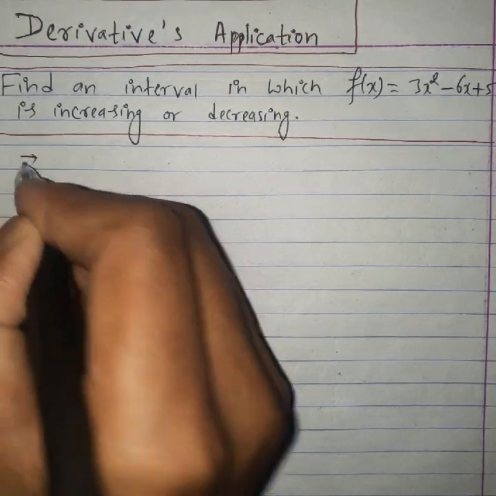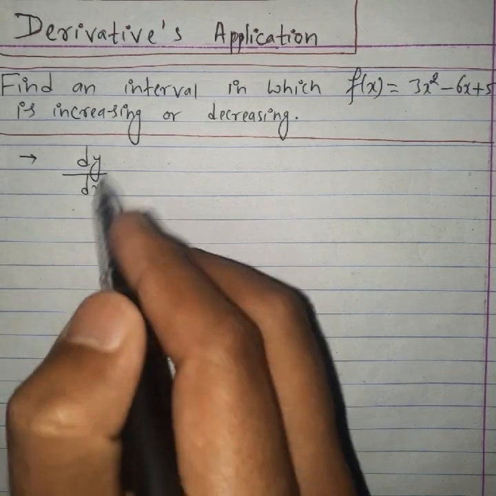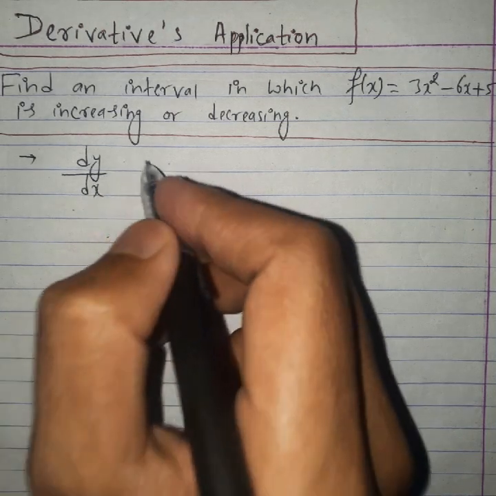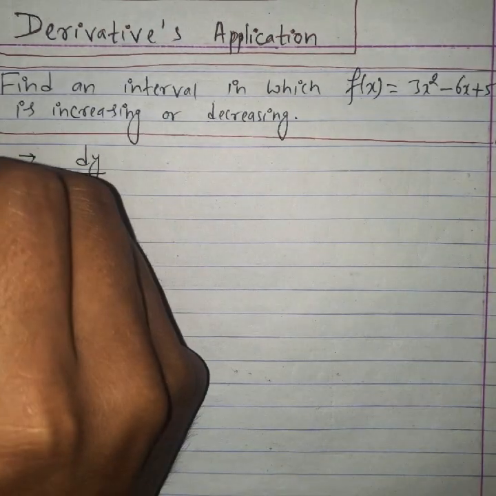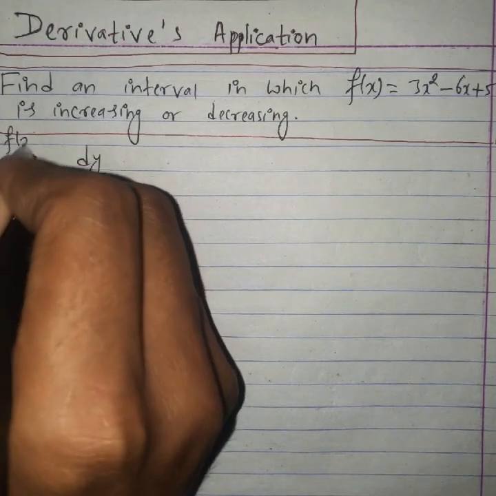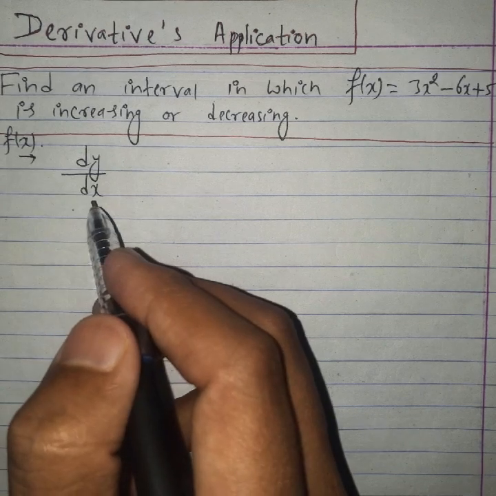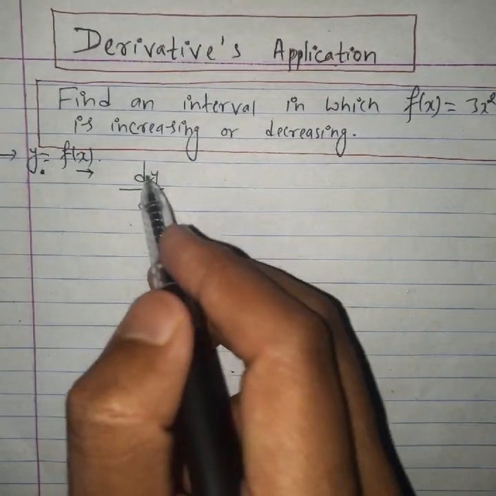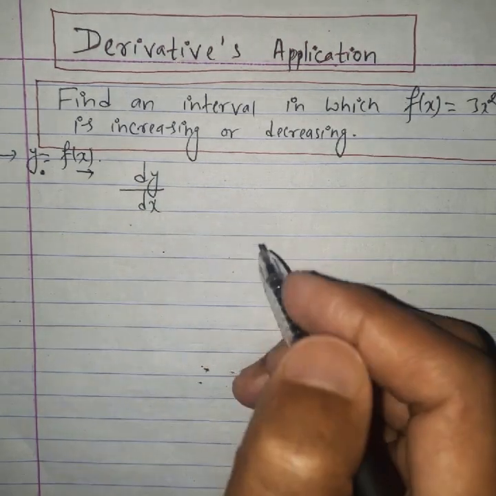We already studied the meaning of dy over dx. It is the derivative of y with respect to x, where, let's take a function, y equals f of x. Its derivative at a point x comma y is dy over dx, the derivative of y with respect to x.